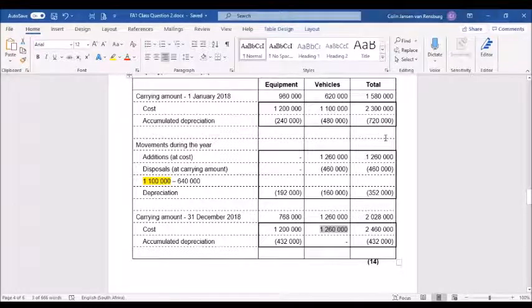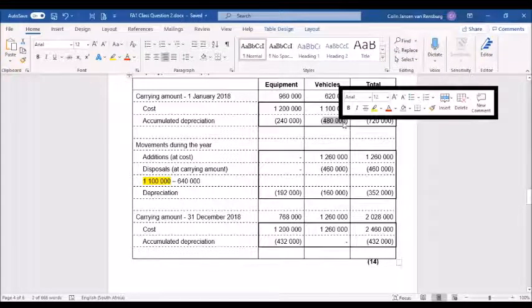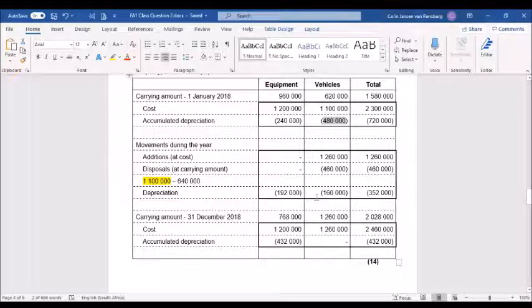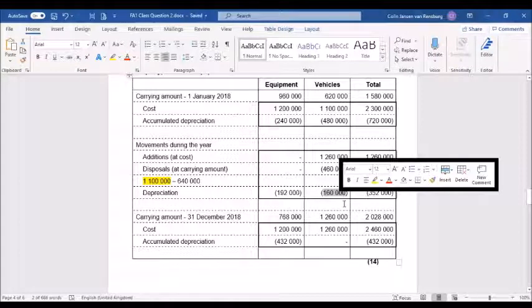You only focus on movement on the accumulated depreciation account, not the cost account. So we know that the accumulated depreciation account had an opening balance of 480,000 at the beginning of the year, right? Then, ladies and gents, we increased that with the depreciation for the year, which was 160,000.